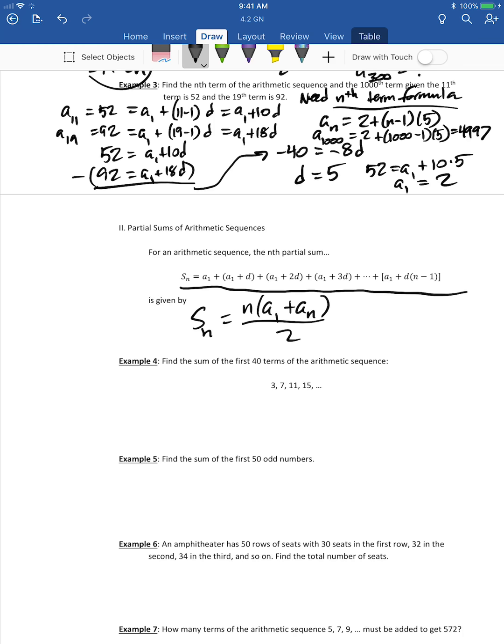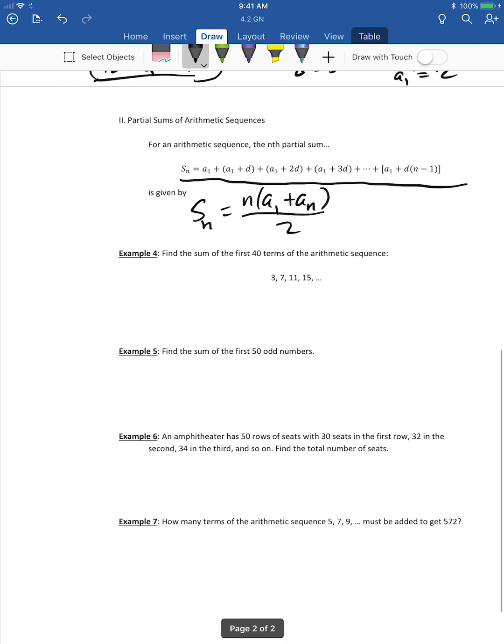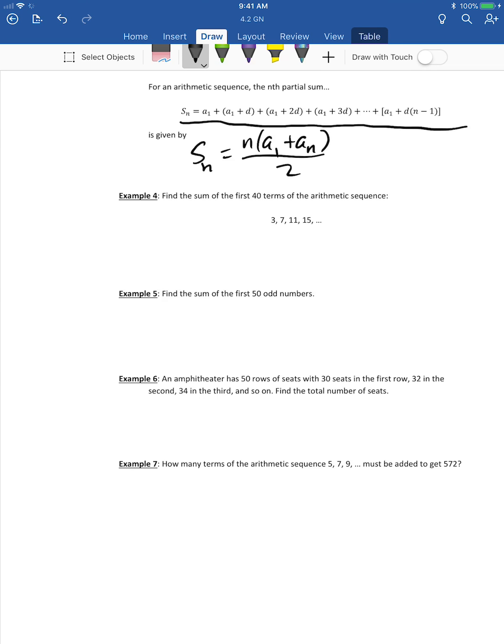It turns out this formula works for partial sums of any arithmetic sequence. So if you want to talk about where we get this formula, look back at your notes or come ask me, or look up Carl Friedrich Gauss online. It's an interesting story. So now we just use this formula. We don't have to worry about much else.